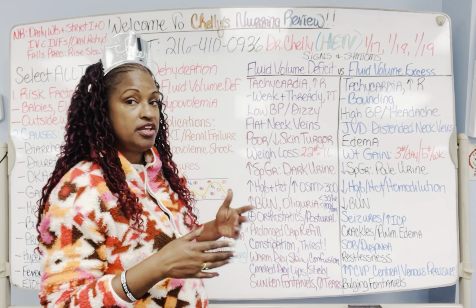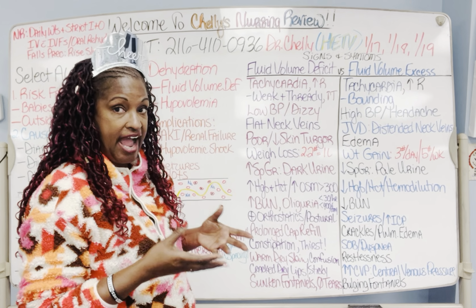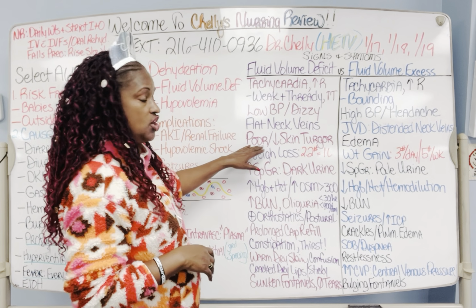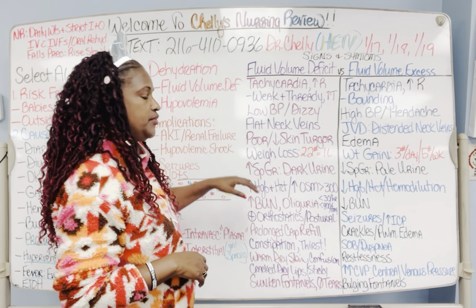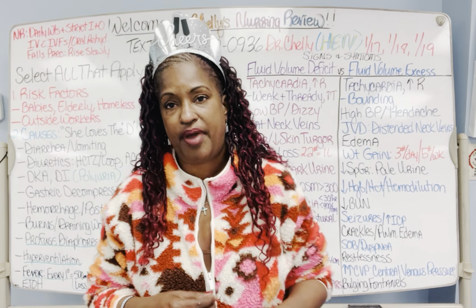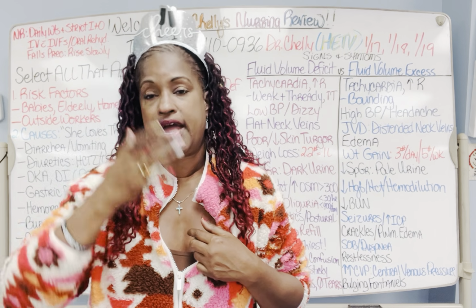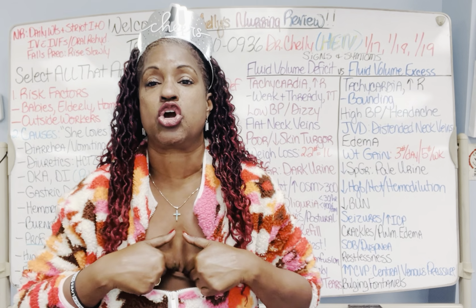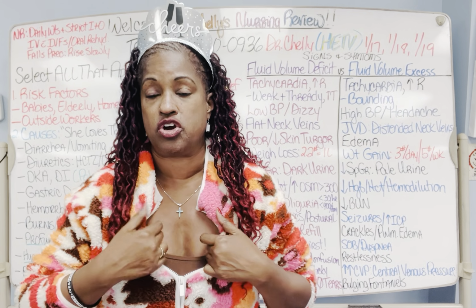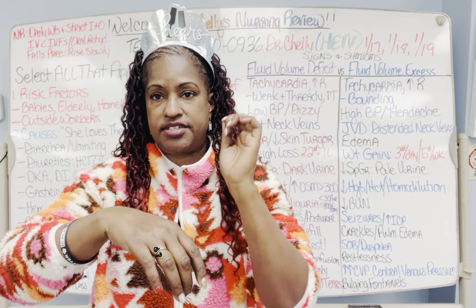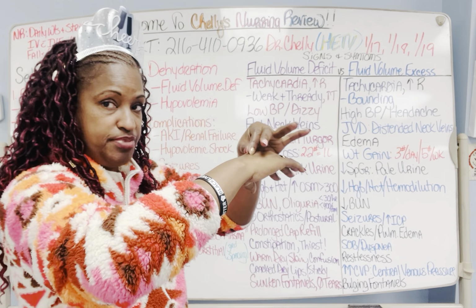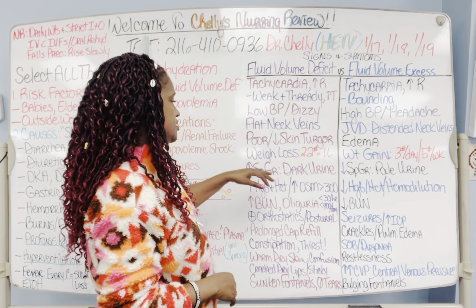So fluid volume deficit or dehydration, poor skin turgor. Remember, on the elderly patient, you check the sternum. Some people say forehead. Your test might say sternum, right? Pinch the sternum, because pinching and tenting is a waste of time on the elderly.